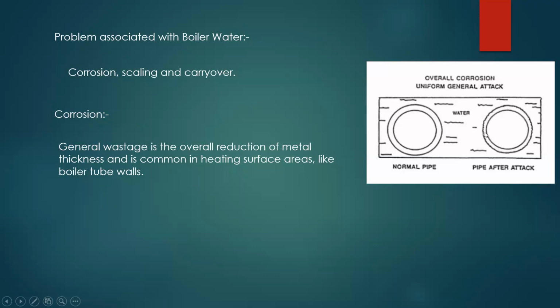So here the overall metal thickness is getting reduced, and it is common in high temperature surfaces like our boiler tubes.